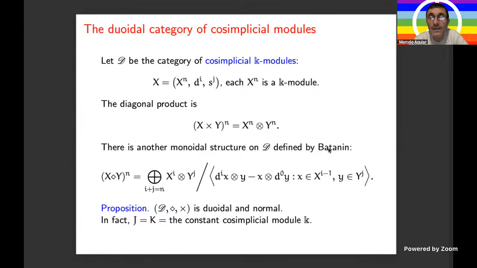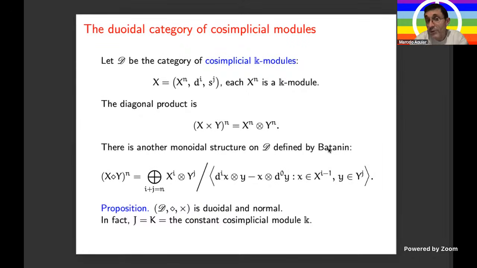Yes, I think this is another way of understanding where this second monoidal structure comes from, as you're saying. Since we're working with cosimplicial K modules, we have an equivalence with cochain complexes via the Dold-Kan correspondence, and then this is the pullback under that equivalence of the usual structure on cochain complexes.